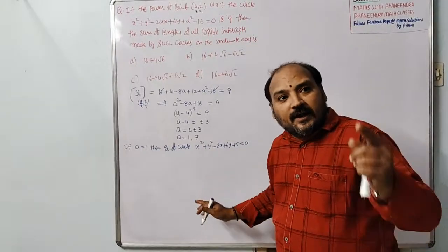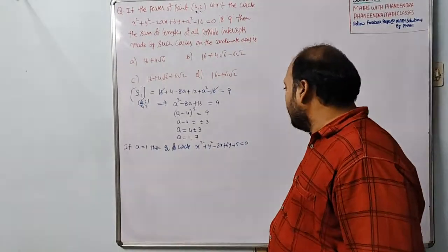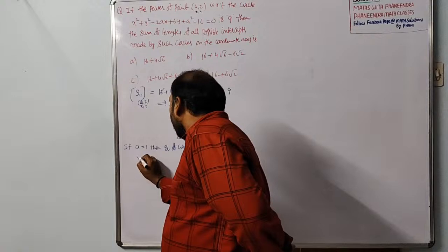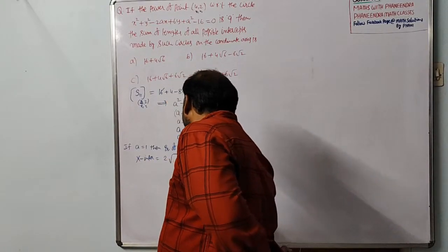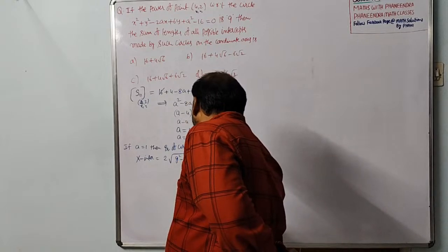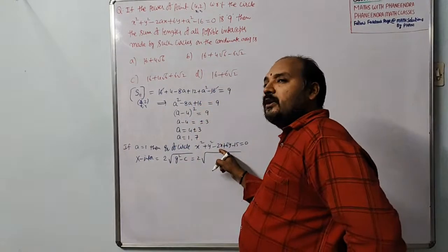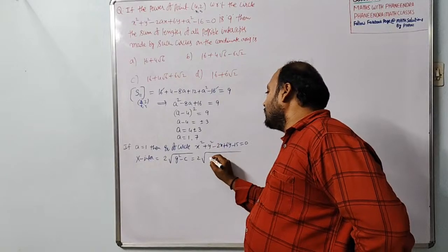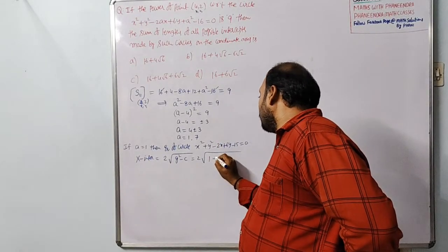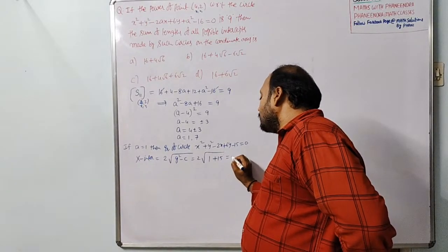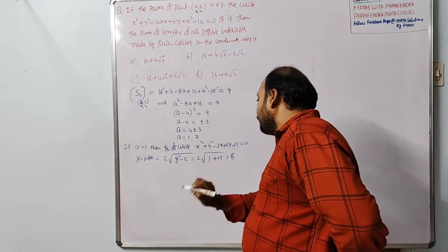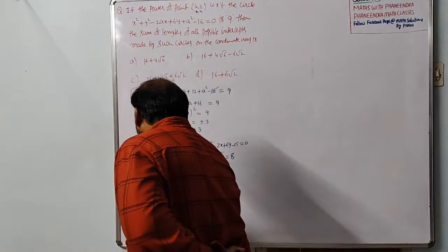For this circle, x-intercept length and y-intercept length we need to calculate. So x-intercept length is 2 root of g square minus c. Here 2g equal to minus 2, so g equal to minus 1. Minus 1 whole square, minus of minus 15. So 2 root 16, root 16 is 4, 2 into 4 is 8. Next, y-intercept length.